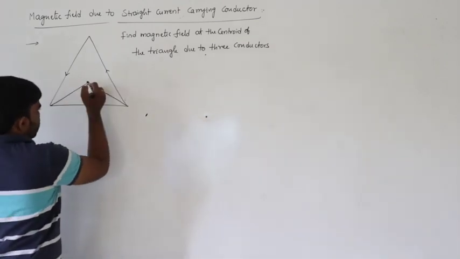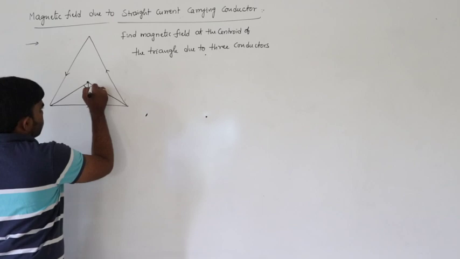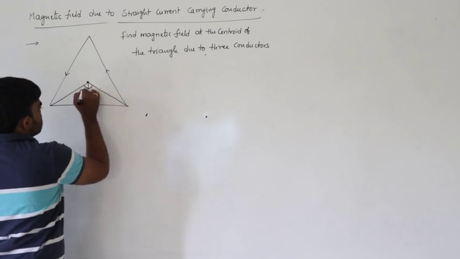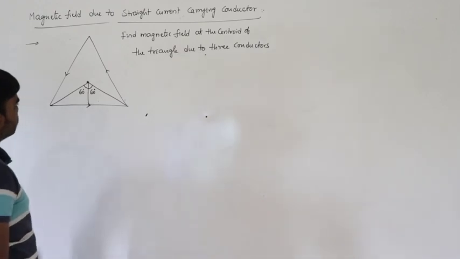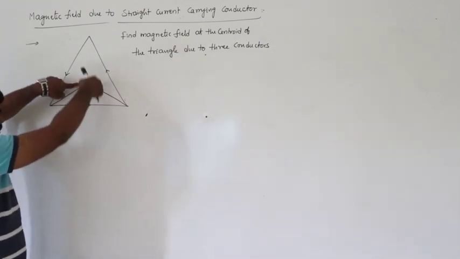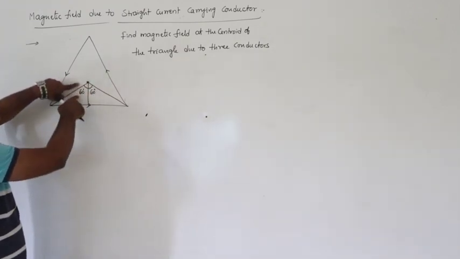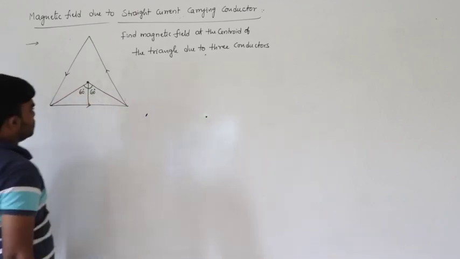At the centroid the total angle is 120, so this is 60 and this is 60.